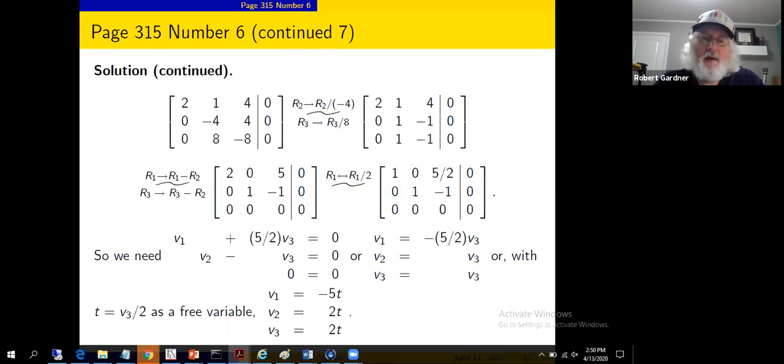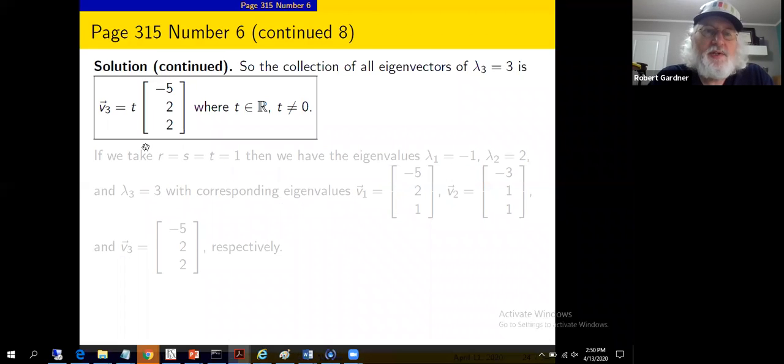You don't want to get rid of the fraction there? You go right ahead. You may not want eigenvectors with fractions in them, but you could take care of that at this stage. So we get v sub 3 is t times -5, 2, 2. If we hadn't made that little trick with v3 over 2, you'd have -5 halves, 1 and 1 times t.